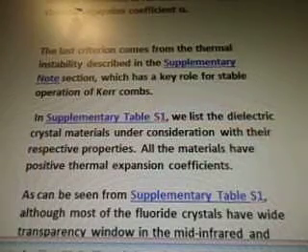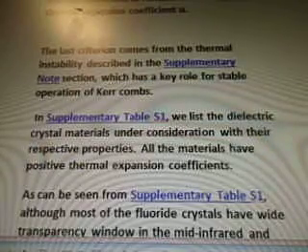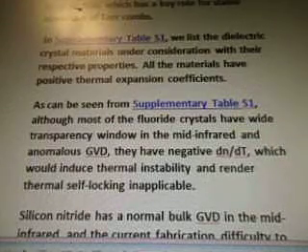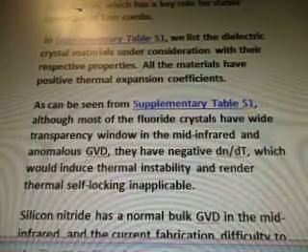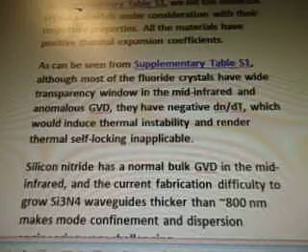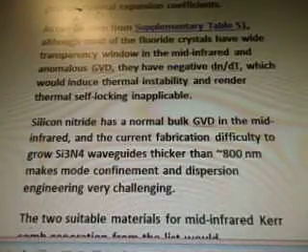In supplementary table S1, we list the dielectric crystal materials under consideration with their respective properties. All the materials have positive thermal expansion coefficients. As can be seen from supplementary table S1, although most of the fluoride crystals have wide transparency window in the mid-infrared and anomalous GVD, they have negative dn/dT, which would induce thermal instability and render thermal self-locking inapplicable.